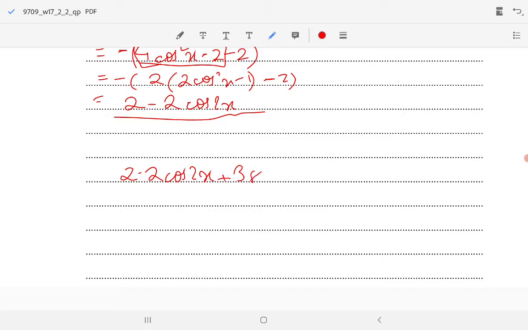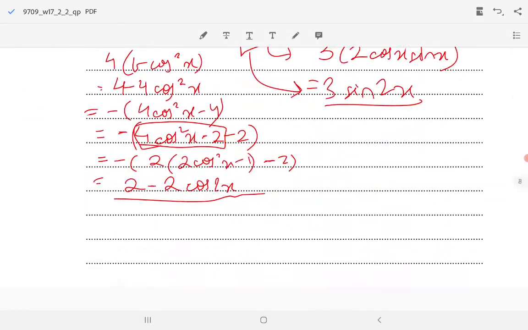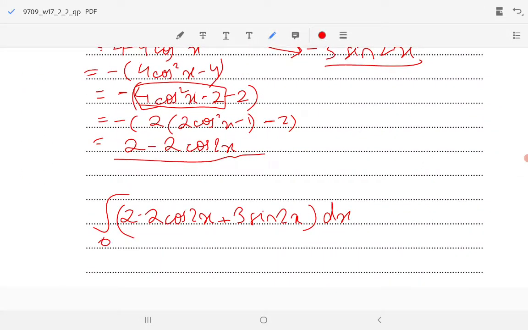plus 3 sine 2x, integration with respect to dx from 0 to pi by 4. Alright guys, now it's just simple integration.